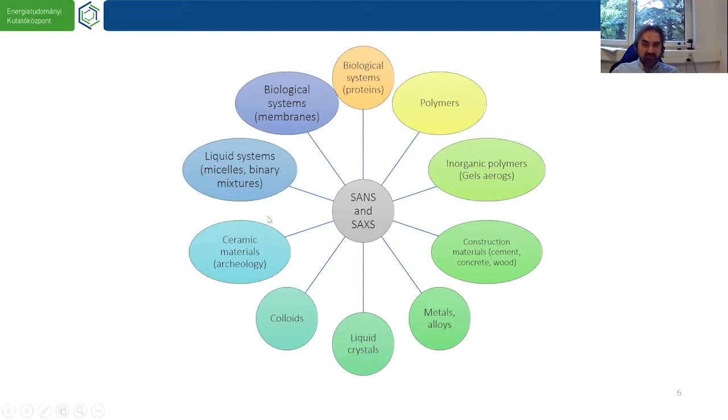Now, some general fields, maybe one of your fields of interest would fall into one of these topics. If not, then I'm sorry, but still you can make some use of this introduction.